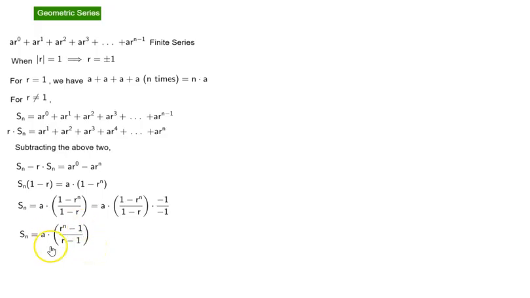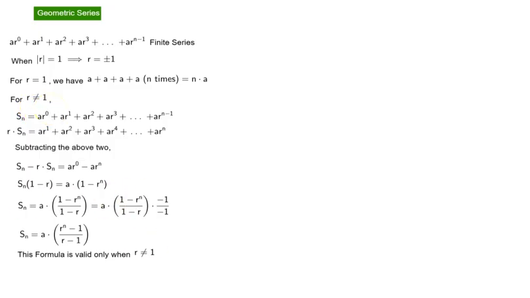So stick to this or stick to this. Both will work. The only thing is be consistent. Otherwise, confusion happens. So this formula is valid only when R is not equal to 1.